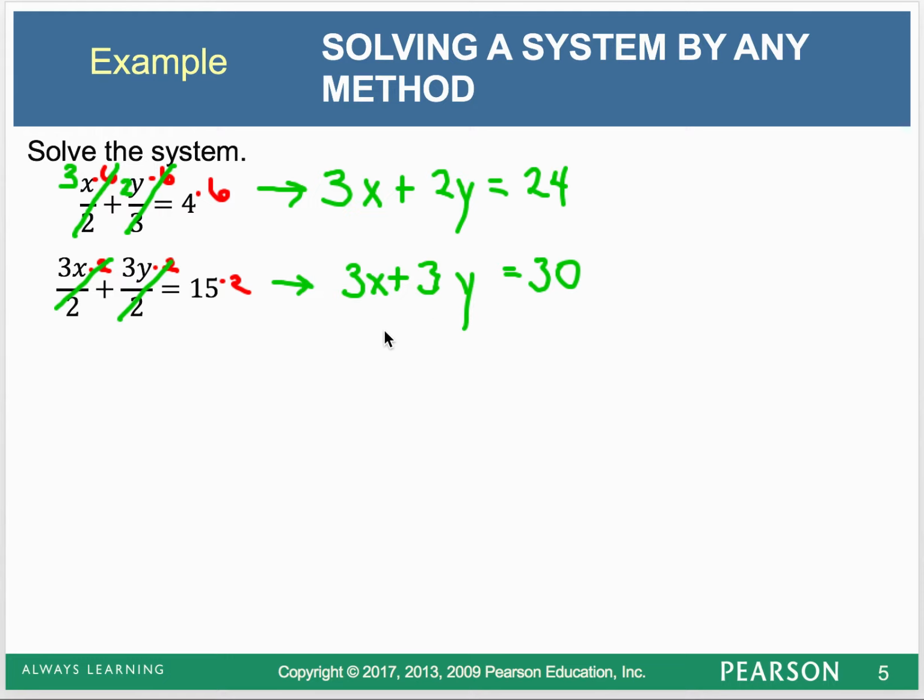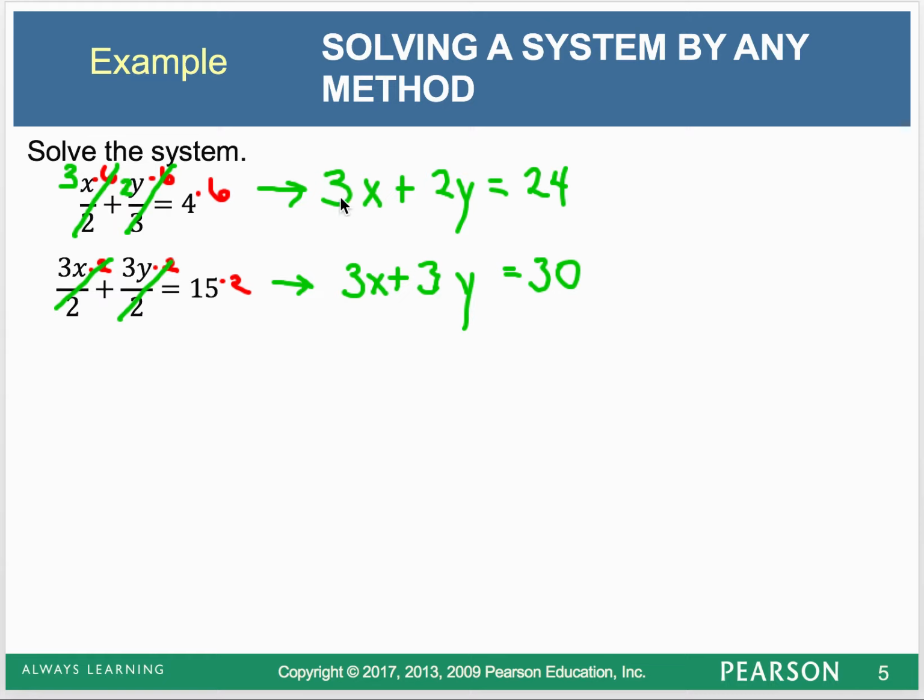Okay, so I'm going to try the elimination method, and look, it's very nice. These already have the same coefficient. I just need one of them to be negative, so that when I add them together, they get eliminated. It doesn't matter which one, but I try to make my math as easy as possible. So I notice that if I make this a negative, then this will be positive and this will be positive.